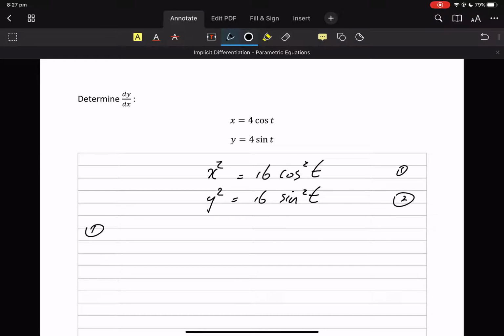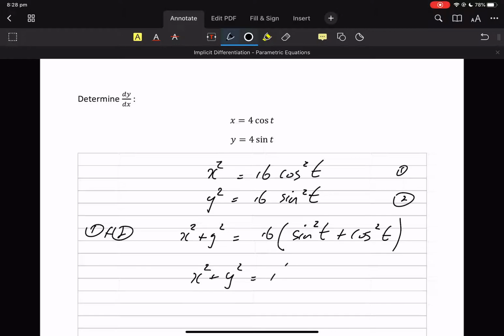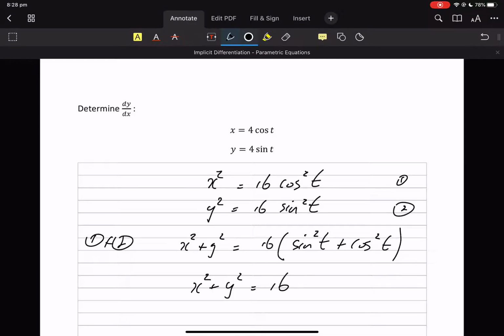And I add x squared plus y squared. That's going to be 16 outside of sine squared t plus cos squared t, which is, oh my gosh, it's a circle. I'm sure you saw that.